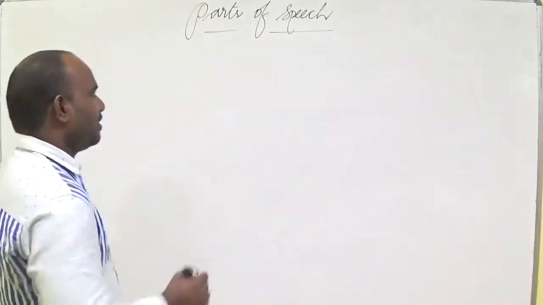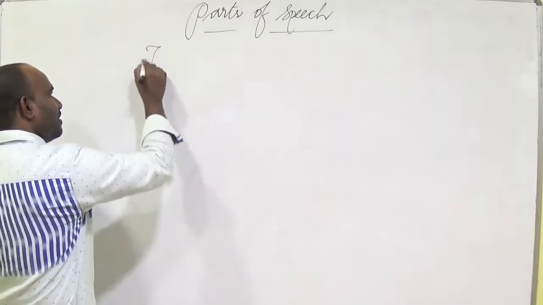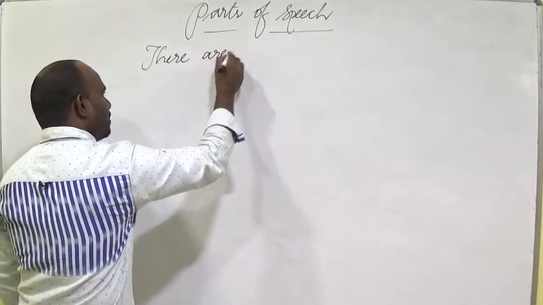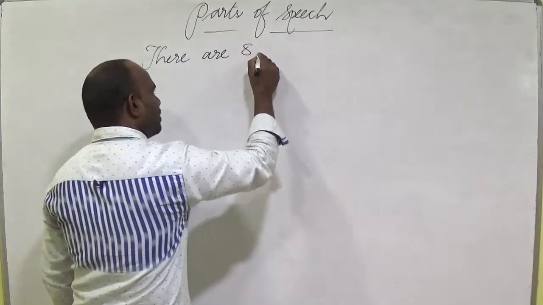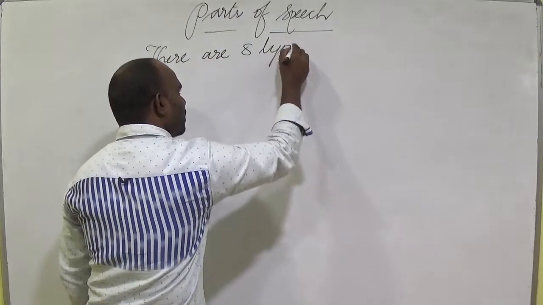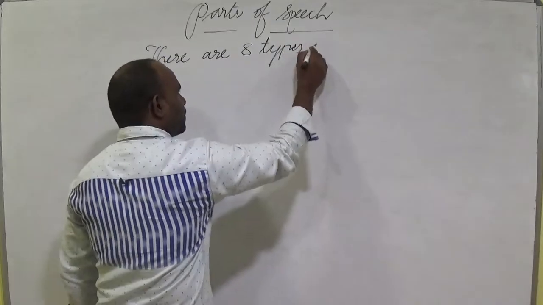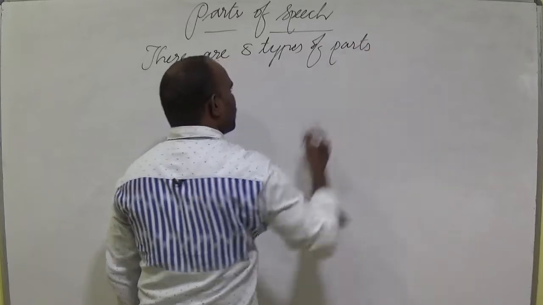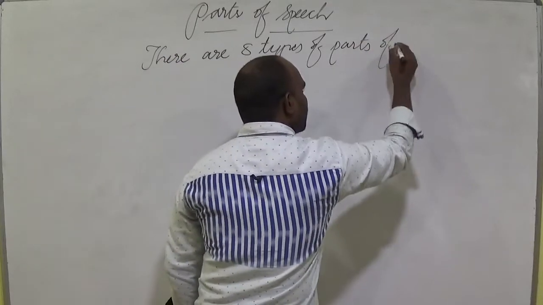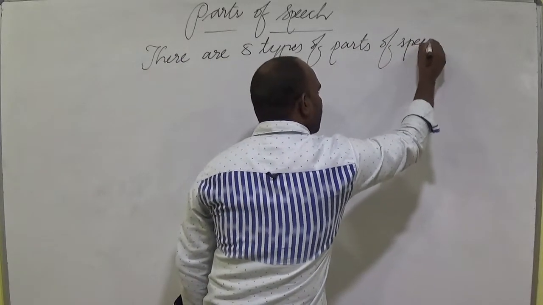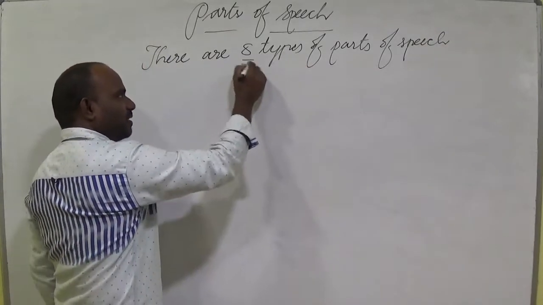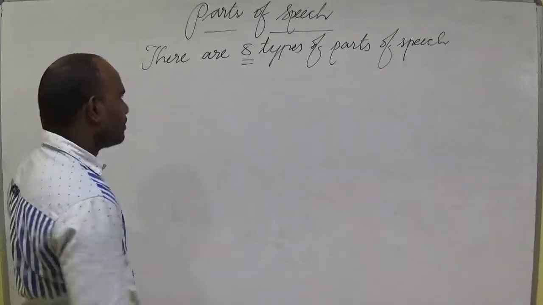In English, there are 8 types of parts of speech. There are 8 types of parts of speech in English.